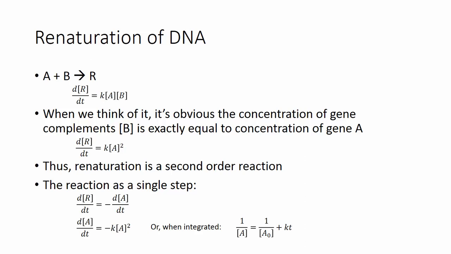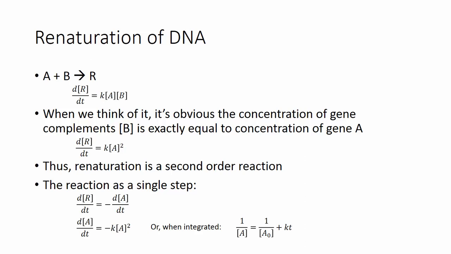And so we can write a rate equation for this. We have dR/dt is equal to k times A times B. And when we think of it, it's pretty obvious that the concentration of gene complement B is exactly equal to the concentration of gene A, right?